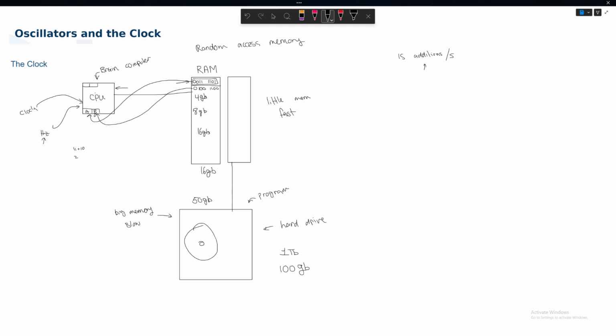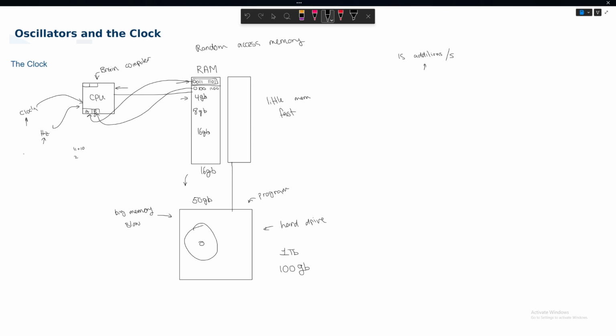Something has to control and sync them all, and that's the clock. The clock ticks and tells it, okay, now this register go, now this register go. It synchronizes everything, so the RAM doesn't grab so much memory when the CPU is still lagging behind, or the CPU is lagging behind and the RAM just wants to shove stuff in.